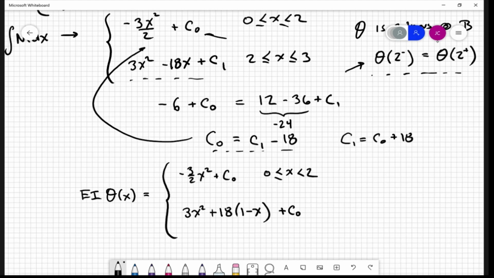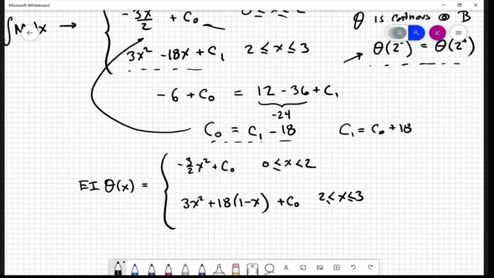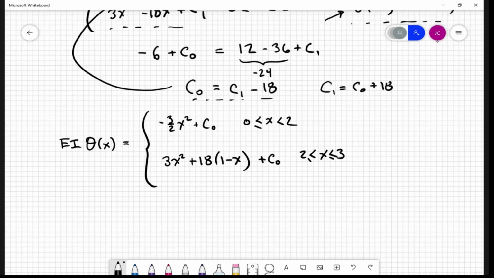And that's from 2 to 3. Okay, so now we have the equation for theta of x, the slope of the deflection curve, but it's in terms of one integration constant.